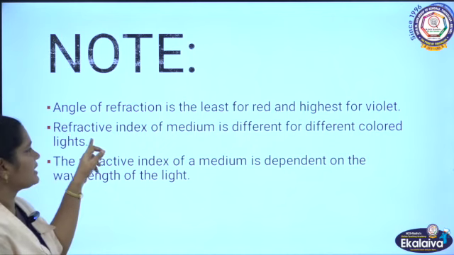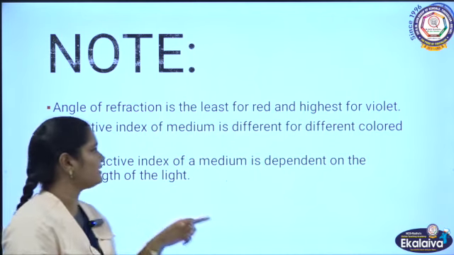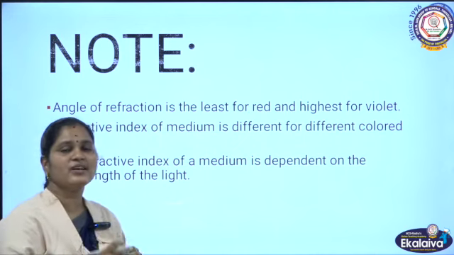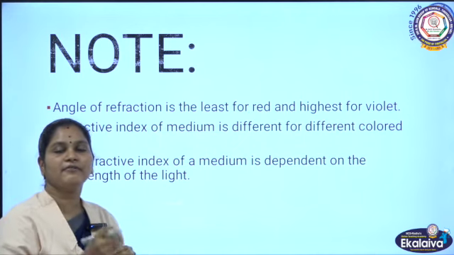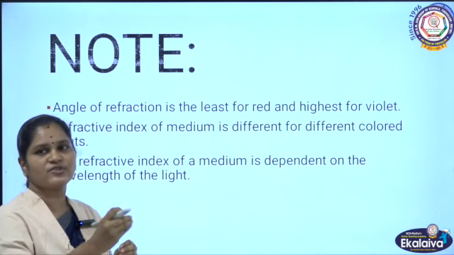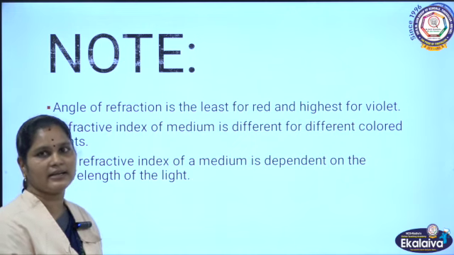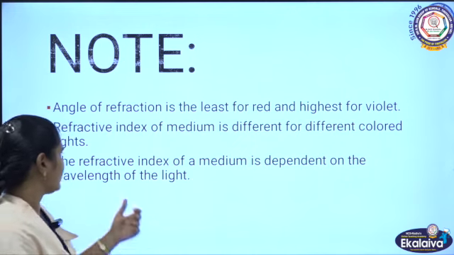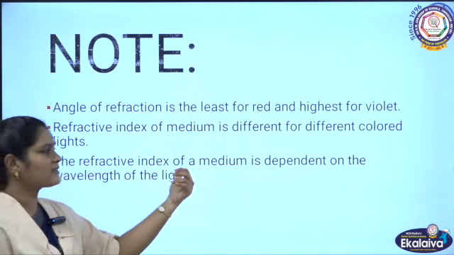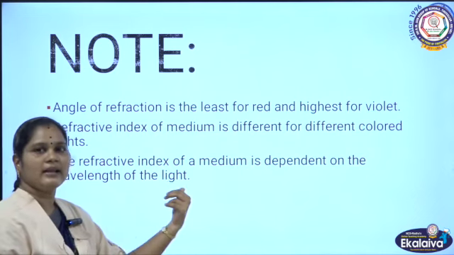Next, the refractive index of the medium is different for different colored lights. Each and every color has a different wavelength, and in the same way the refractive index also changes. So each color has a different refractive index depending upon the wavelength. The refractive index of the medium depends on the wavelength of the light.